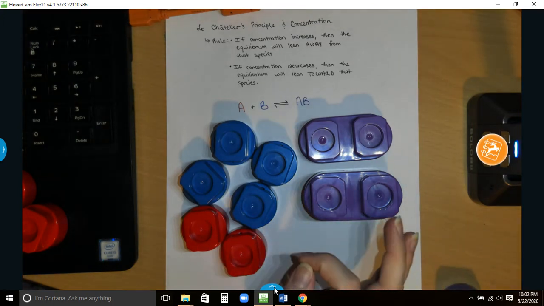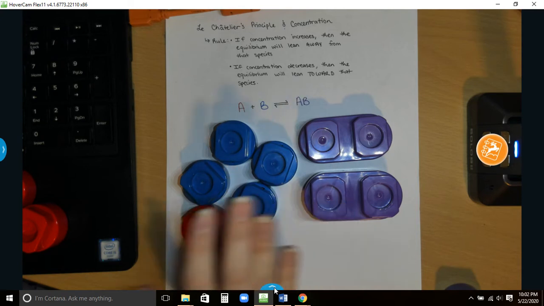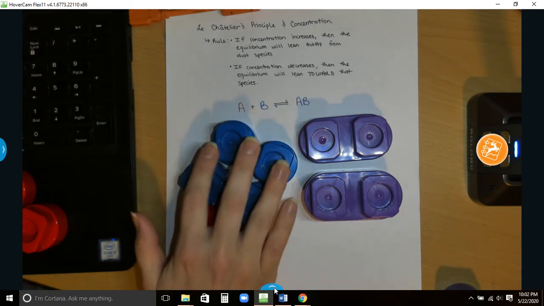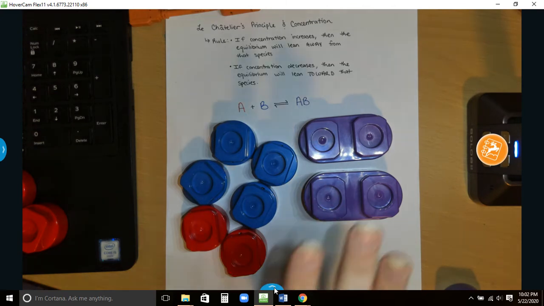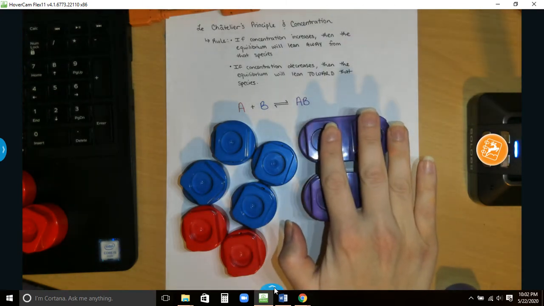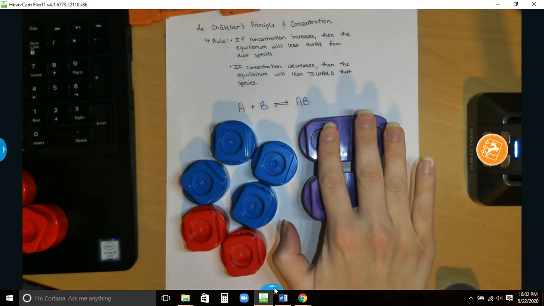So what happens is if the concentration of a substance increases, so I increased B, so there's 4 blue B blocks here, then the equilibrium is going to favor the production of these purple blocks right here.